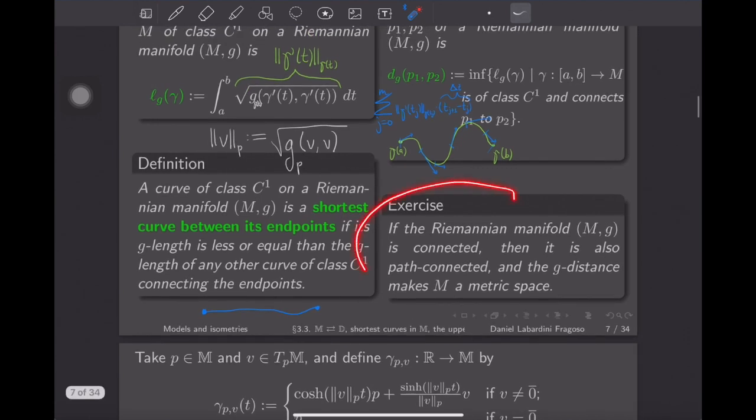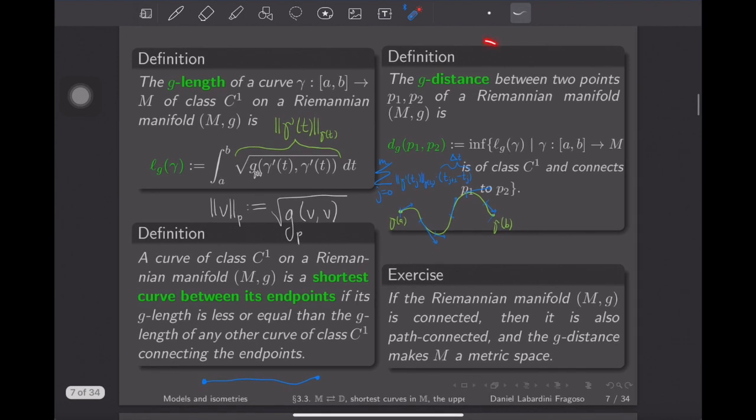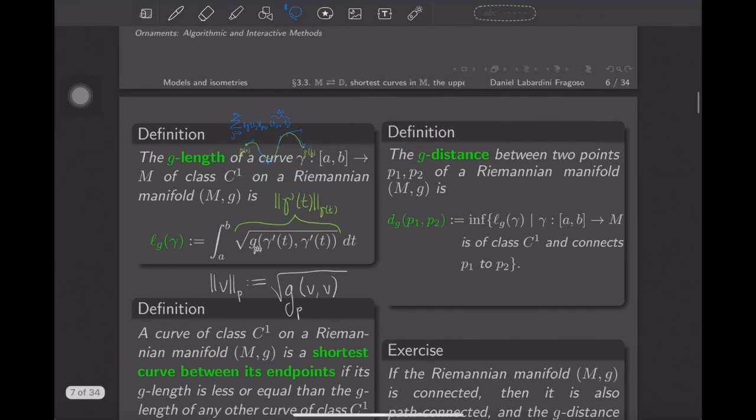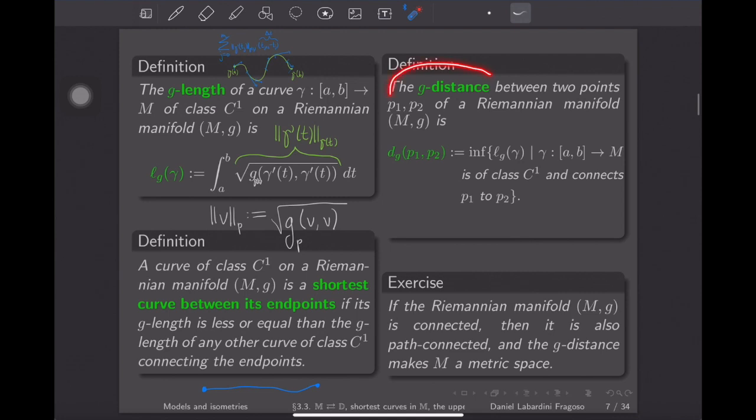Exercise: a connected Riemannian manifold is always a metric space. So, sorry, I missed, I didn't explain this. So what is the distance between 2 points? Well, it is the infimum of the length of the curves that connect the 2 points.